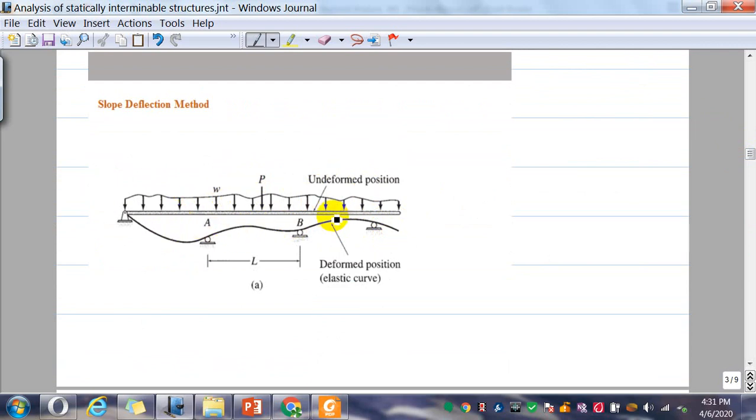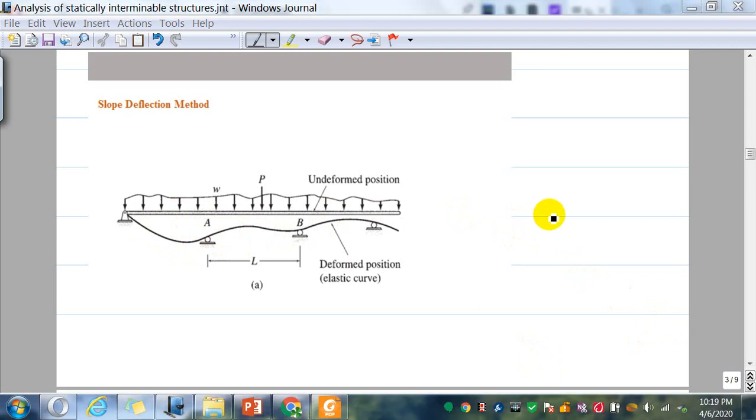Earlier it was a horizontal element, now it is deformed, rotated and deflected. Based on this we are going to develop the slope deflection equations.